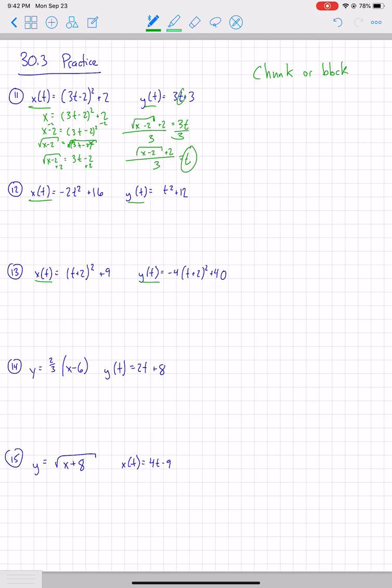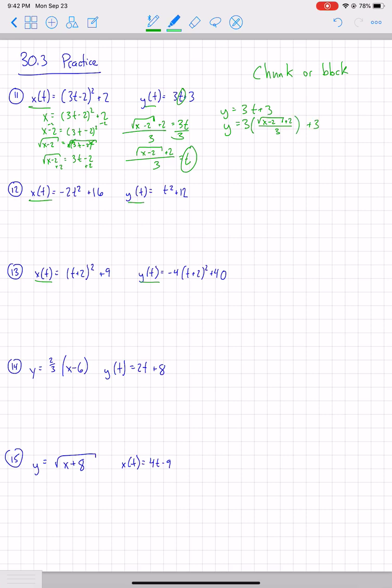So now we have t and y, so we have to substitute it in. So we get y is equal to 3t plus 3, so 3 times the quantity of the square root of x minus 2 plus 2 all over 3, plus 3 all the way on this outside, right?